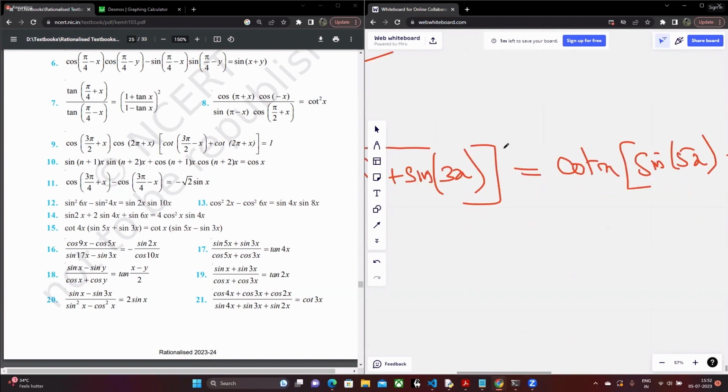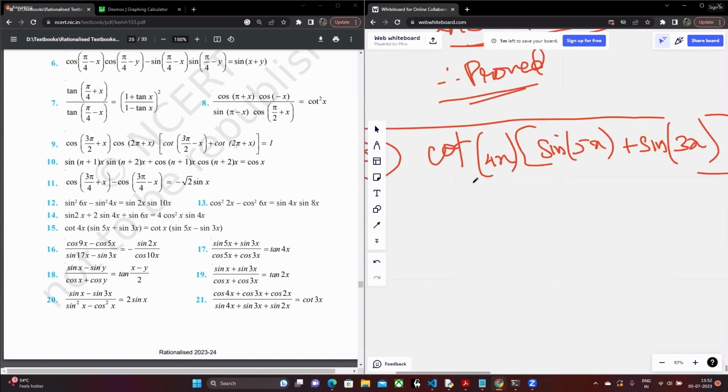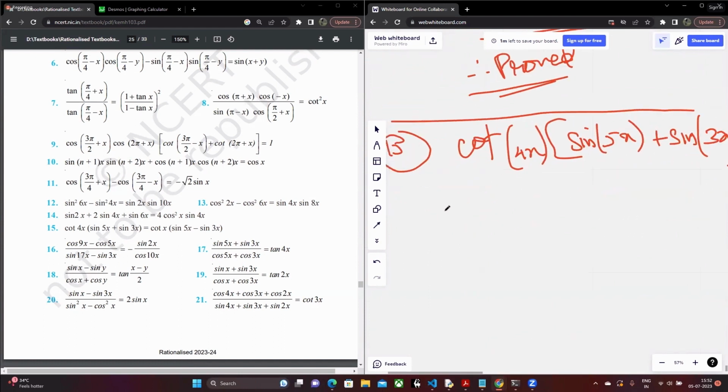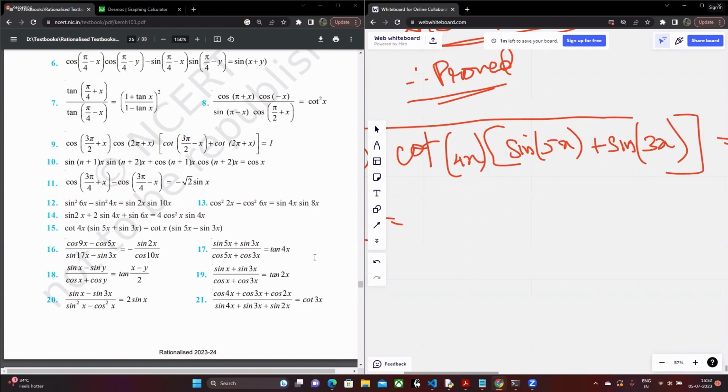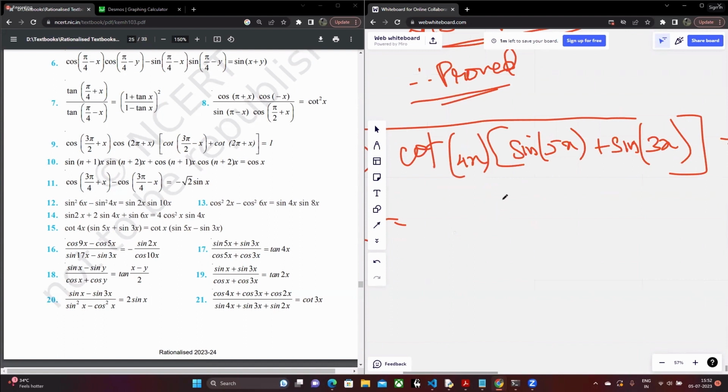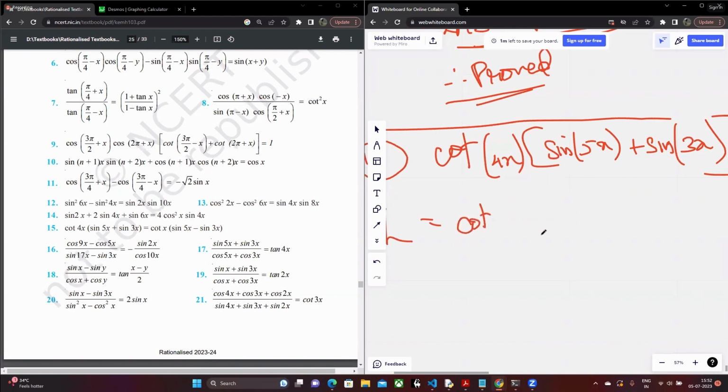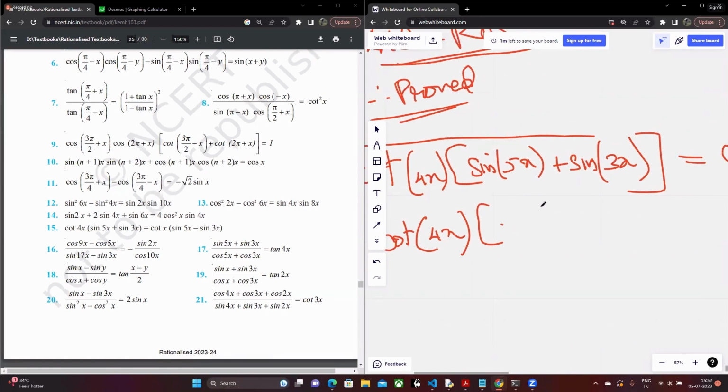Right. Same rules. Let this be L, let that be R. Right. So L is equal to, I'll basically combine this, I condense this with the sin x plus sin y formula, right? So I'll be left with cot of 4x into 2 sine, since it's a plus, is going to be a plus sine of a plus b by 2 into cos of a minus b by 2, right?